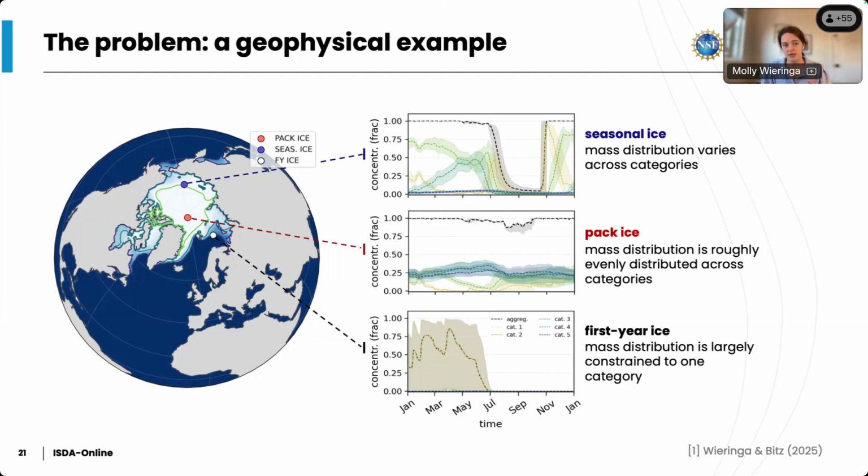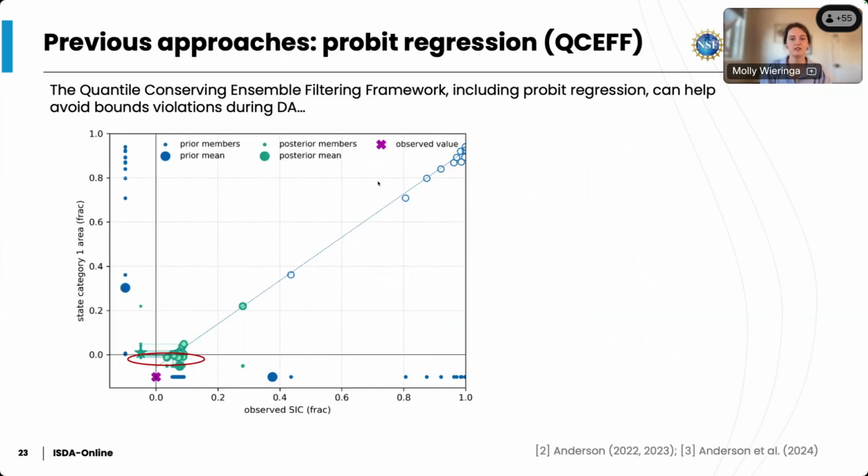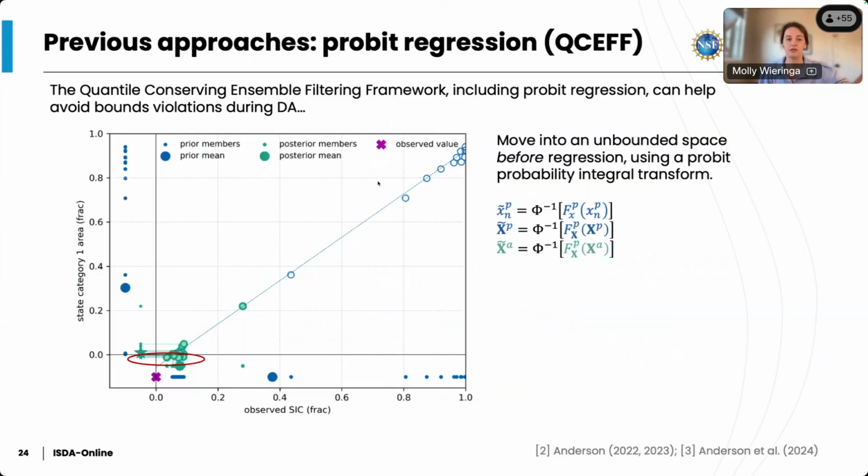There have been a couple different swings at this regression problem for updating subcategories based on an observed aggregate. And the first of those is probit regression in the quantile conserving ensemble filtering framework, which seeks to avoid the kind of bounds violations that we illustrated with this figure earlier, by transforming both the observed variable, in this case sea ice concentration, and the unobserved variable, these area subcategories, from a bounded space into an unbounded space using a probit function.